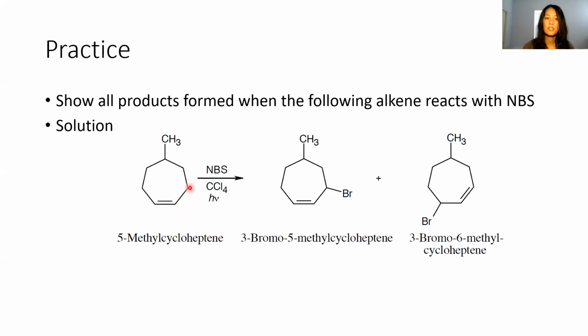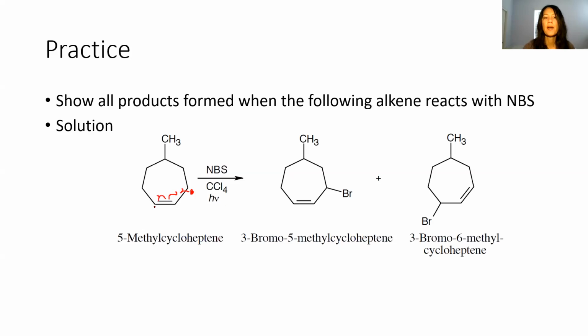The obvious reactions are here and here, next to the double bond, to give this product. Then now envision a radical here. So let me just show that here. You can have a radical here, and then you can form with a fishhook arrow your double bond here now, and then your radical stays here.